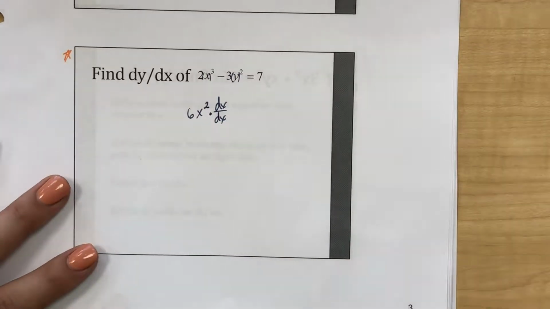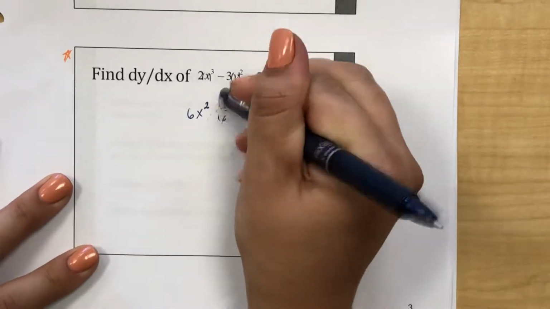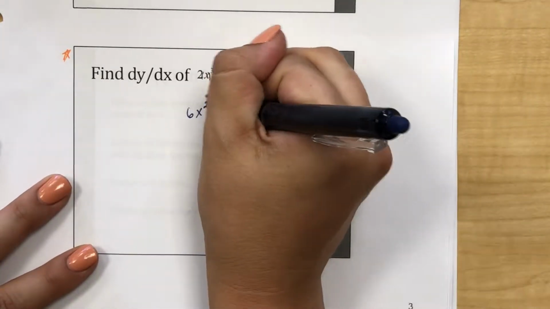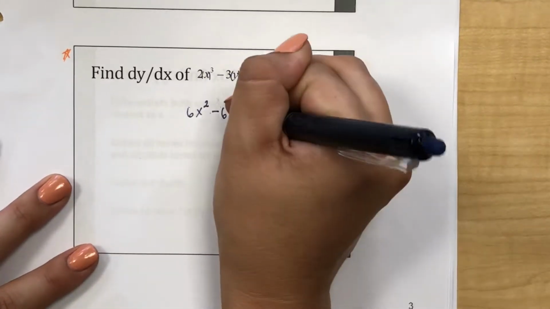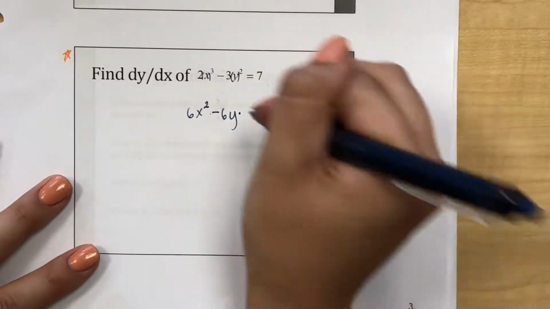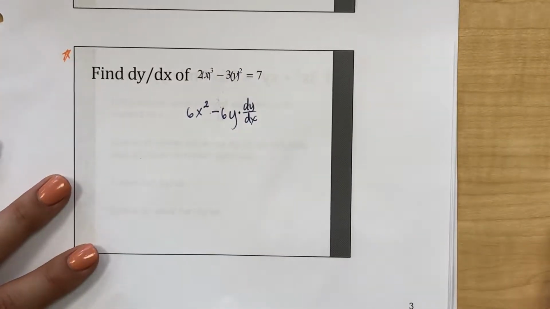But see how that's 1, so I don't need to do that. So when I take the derivative of x, it's the same as always. Now I'm going to take the derivative of y. So this would be minus 6y to the first times the derivative of the inside. I do need to do this for y.